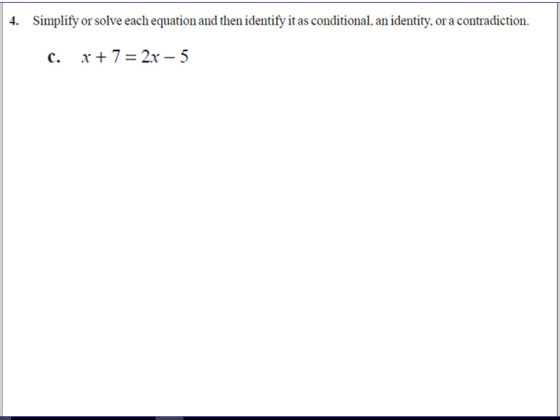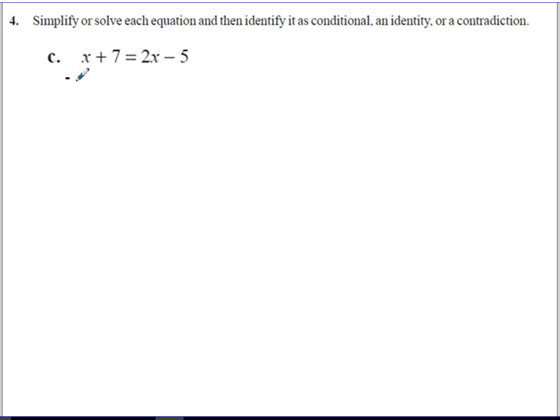For this one, we have x plus 7 is the same amount as 2x minus 5. So let's try and work this one through. Let's get rid of our x's on the left-hand side. Again, I like to subtract the smaller amount when possible.